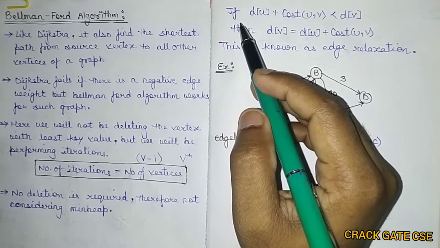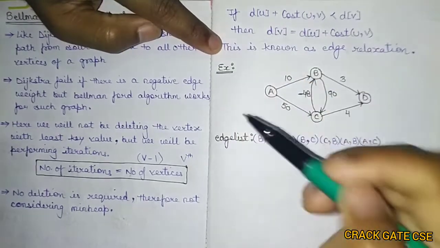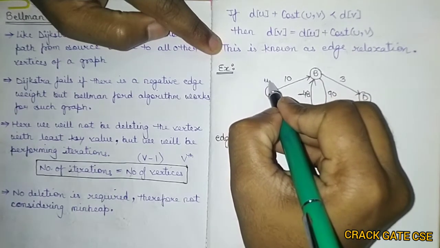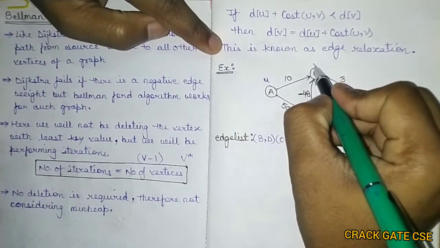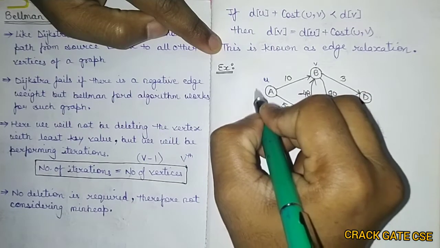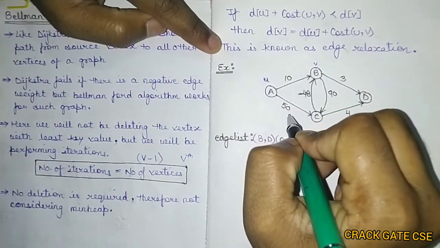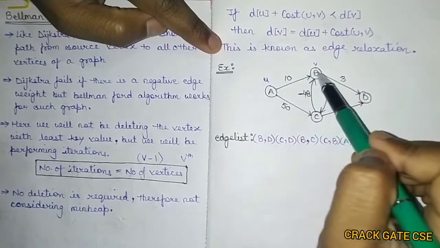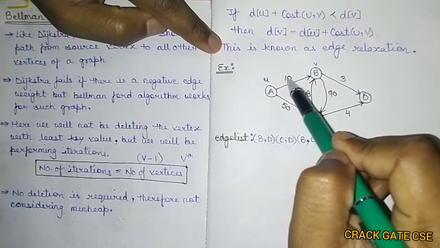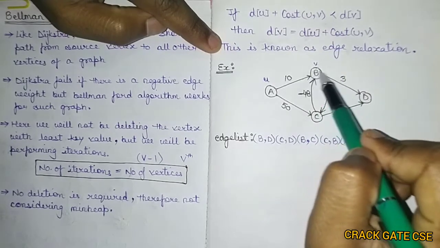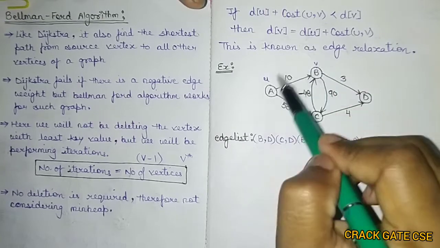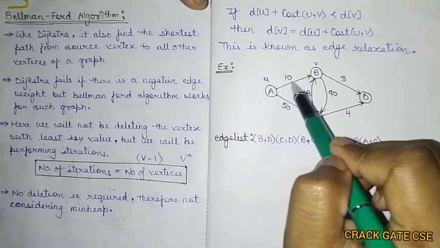If I consider this A as u and this B as v, there will be some distance of u and some distance to reach B. Then if d of u plus the cost of u to v, that is 10, is less than this particular d of v, then we have to update the d of v value by this distance plus this particular value.